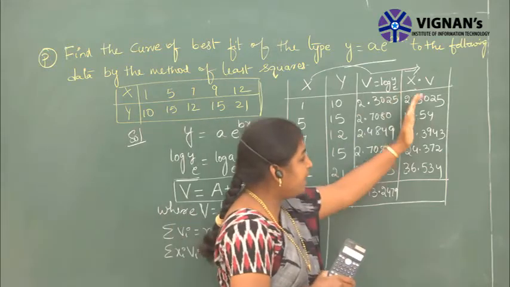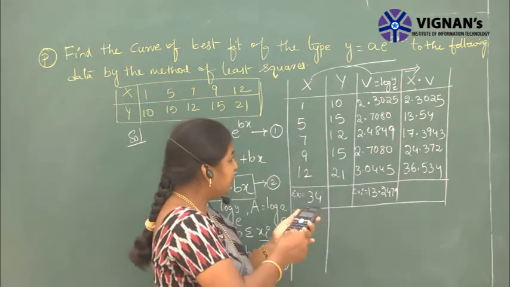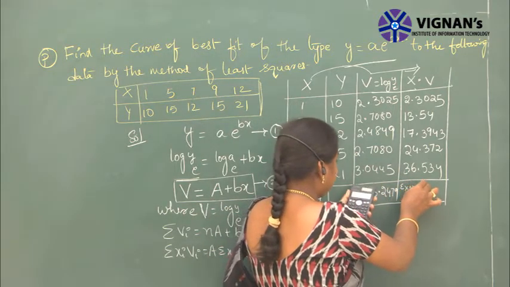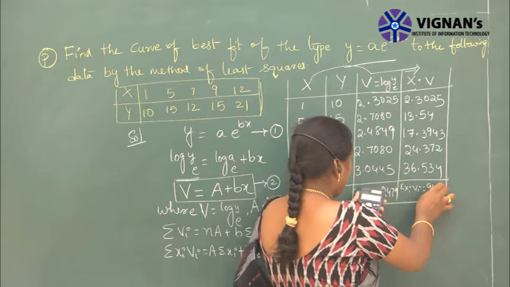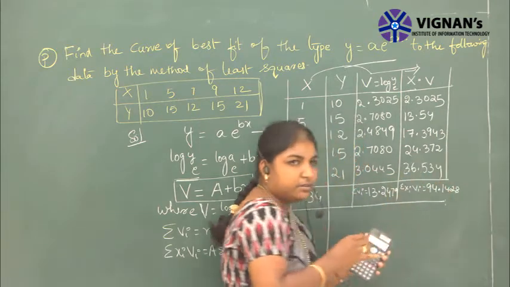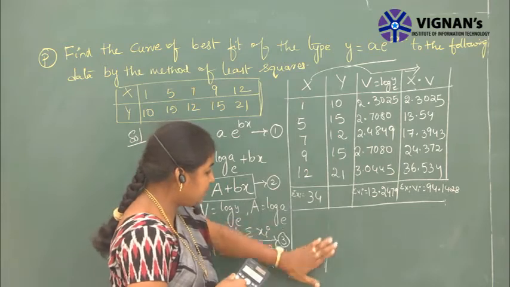Next, adding all these values, we get summation xi into vi equal to 94.1428. So now we have all the summation values.